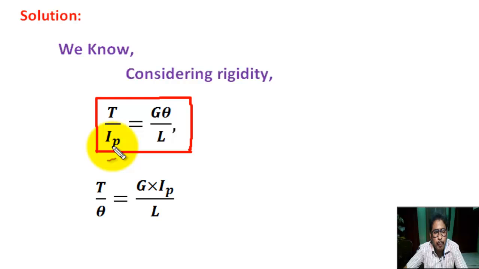IP equal to polar moment of inertia of the shaft. G equal to modulus of rigidity. Theta equal to angle of twist. L equal to length of the shaft. From this relation, we can say T by theta equal to G into IP by L.